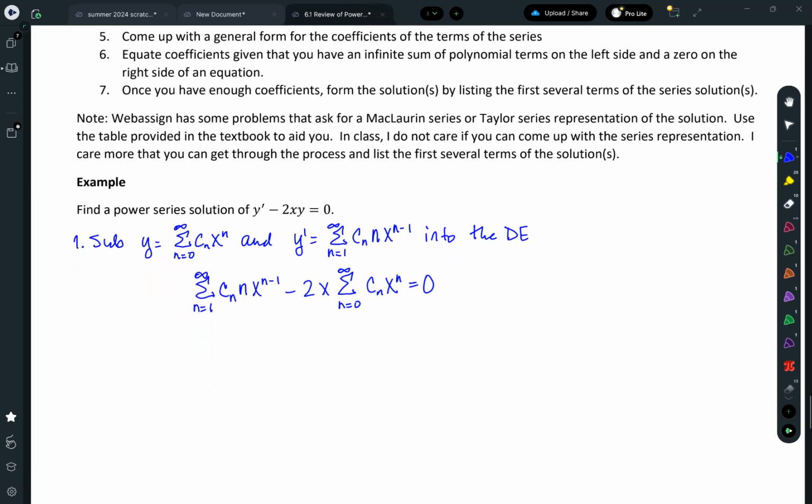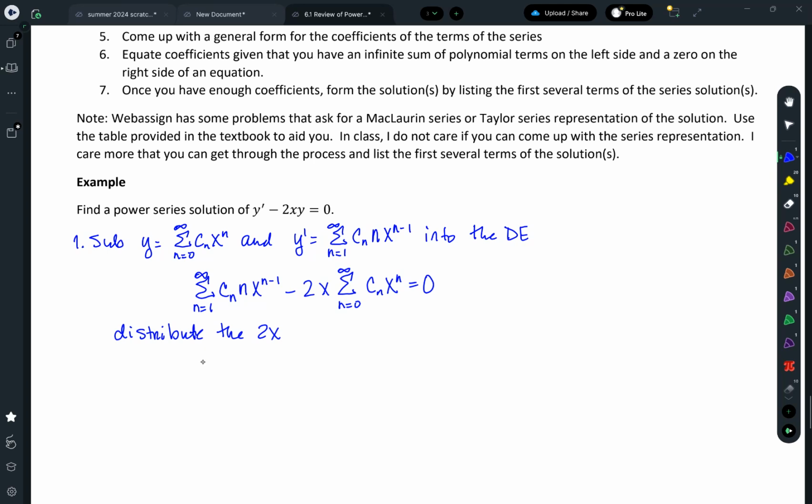The next thing I want to do is distribute the 2x, because I can't have that hanging out outside of my summation. I can have a sign on the outside, but I don't want any constants or any x's hanging out on the inside or outside.